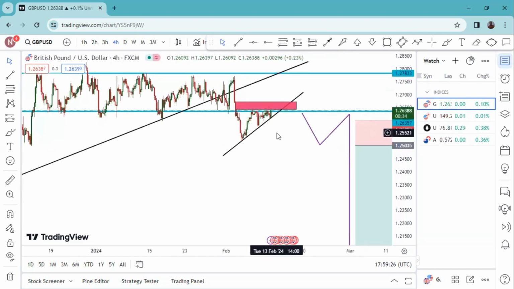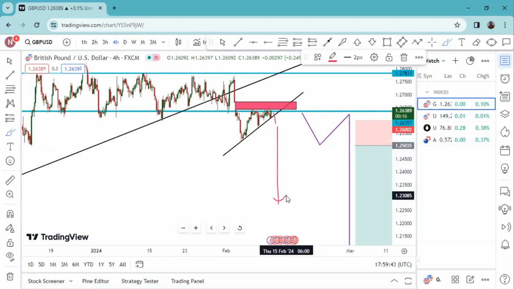This is what I'm waiting for the market to break. I'm waiting for the market to break to the downside with a body candle. If the market breaks this counter trend line with a body, then I can take a sell to the downside.